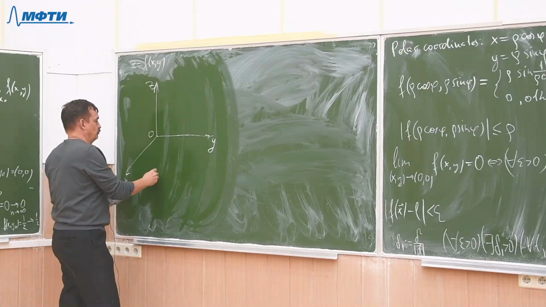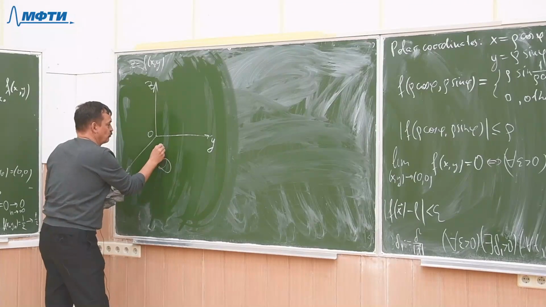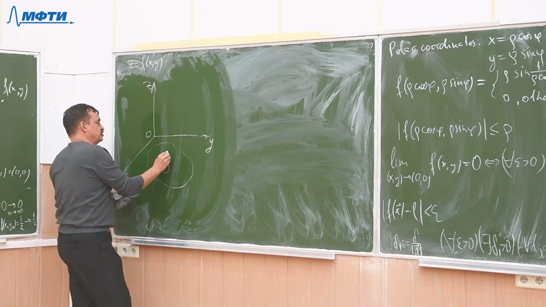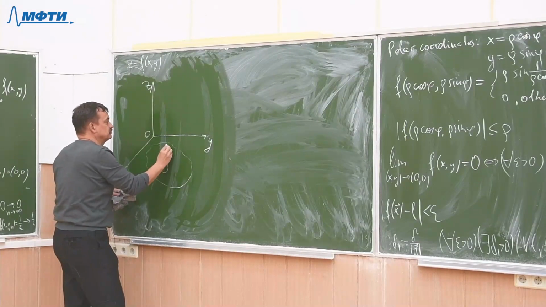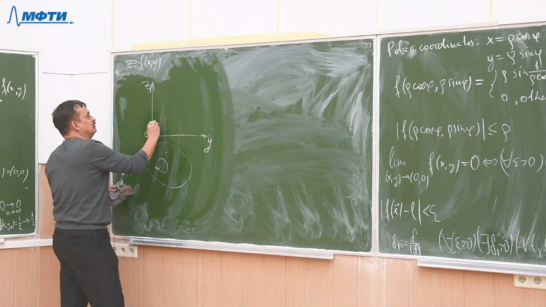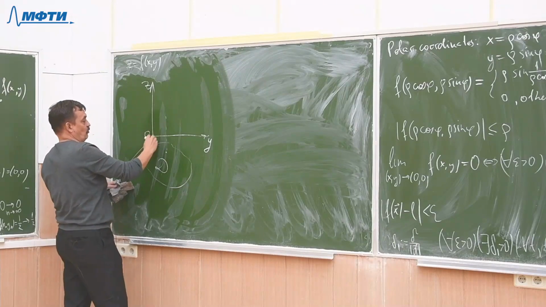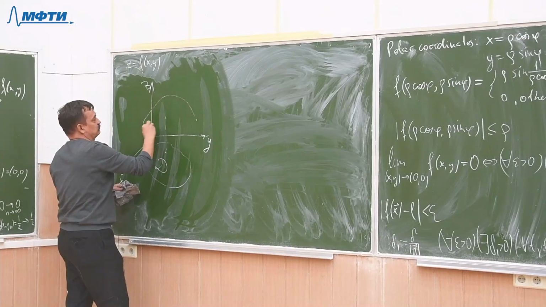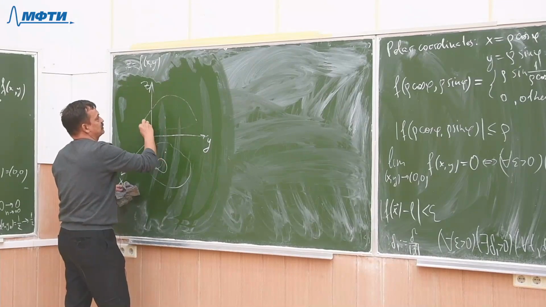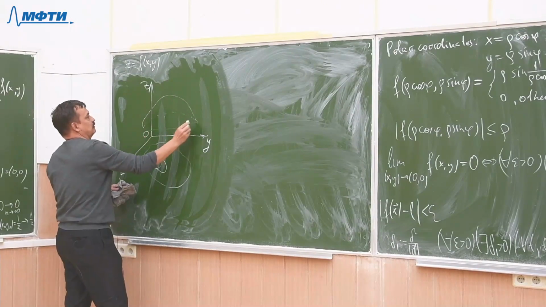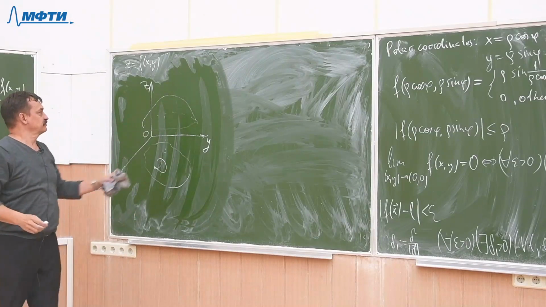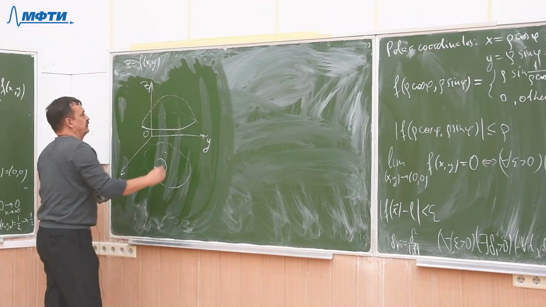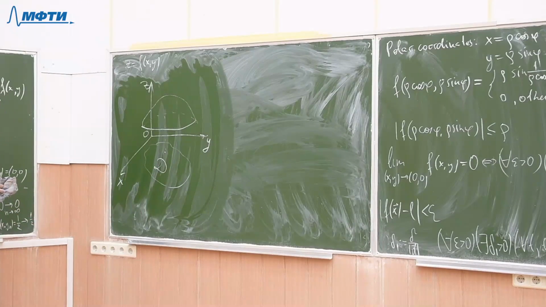We have a domain where our function is defined, and for each point in that domain, we indicate over that domain some surface, something like that, right?